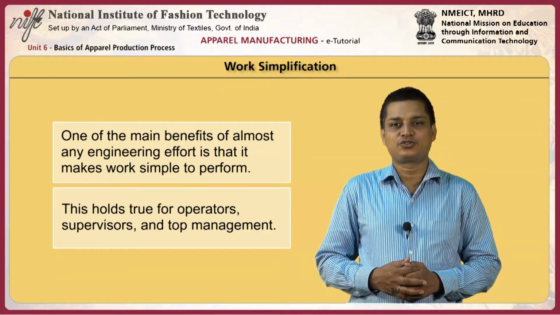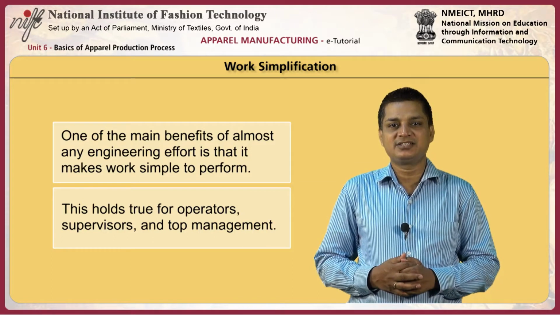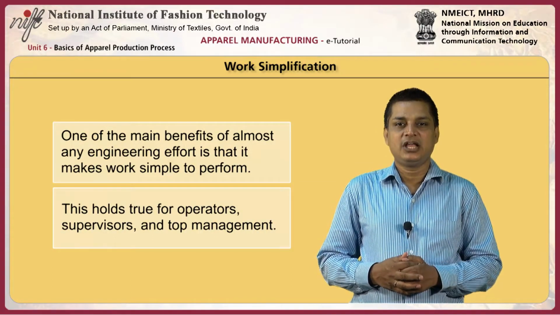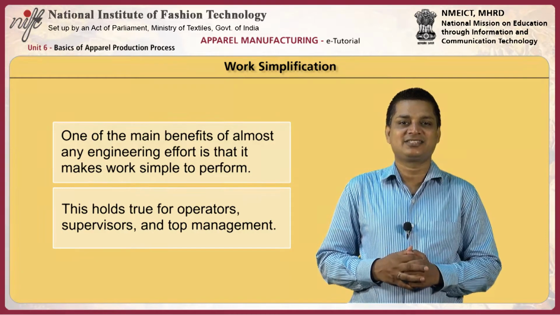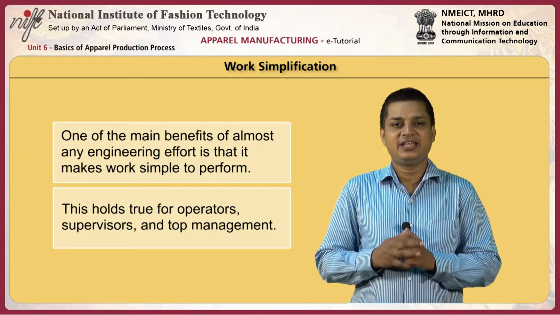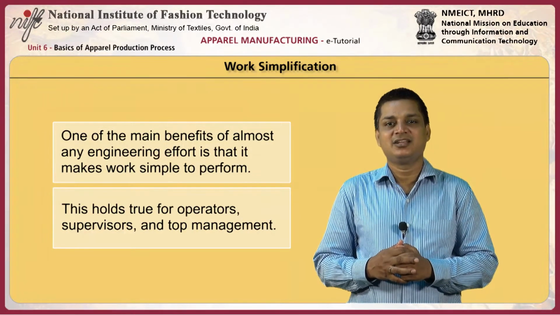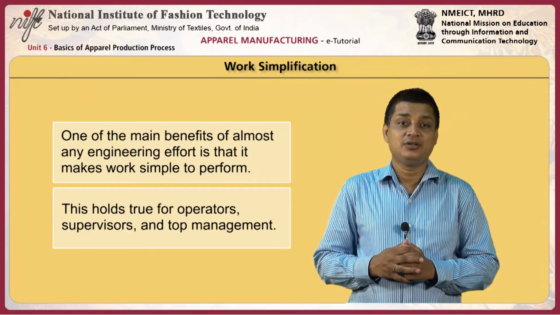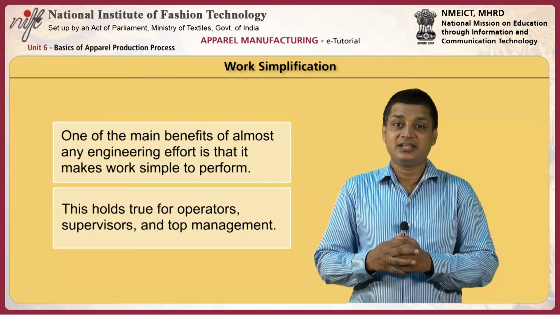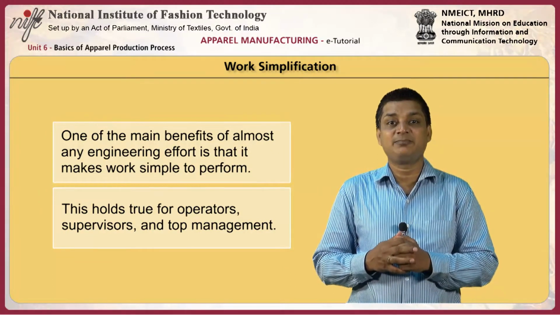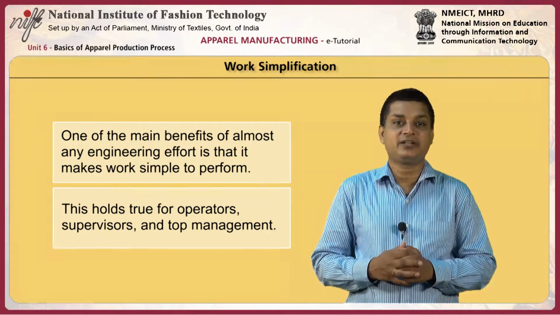This holds true for operators, supervisors, and the top management. When an engineer analyzes any area of work, he does so with one thought in mind: How can I make this easier to do?